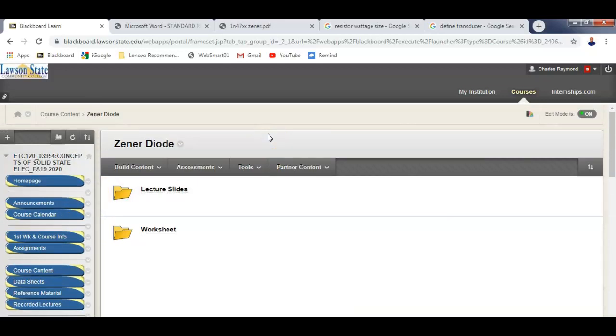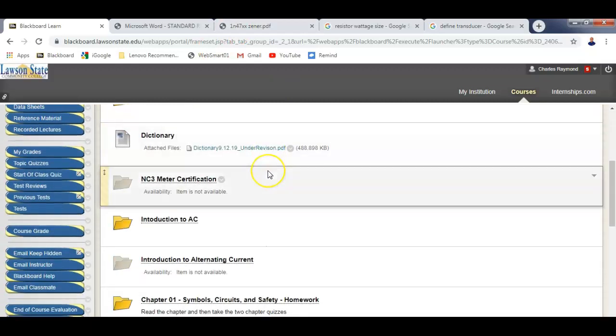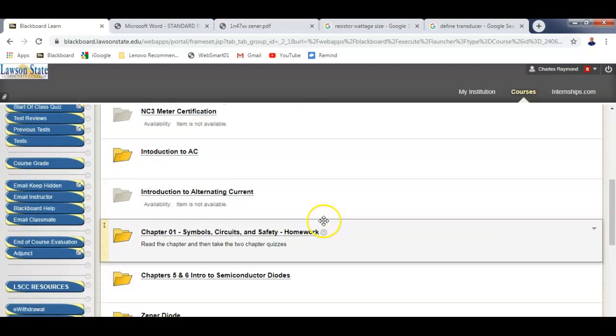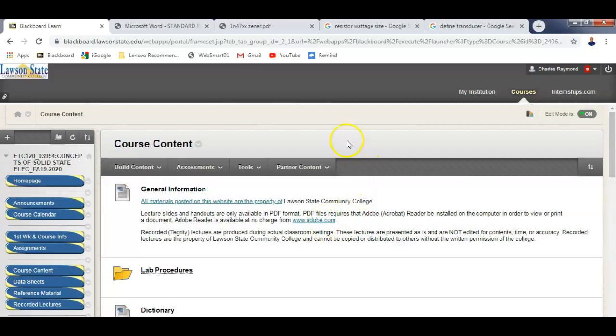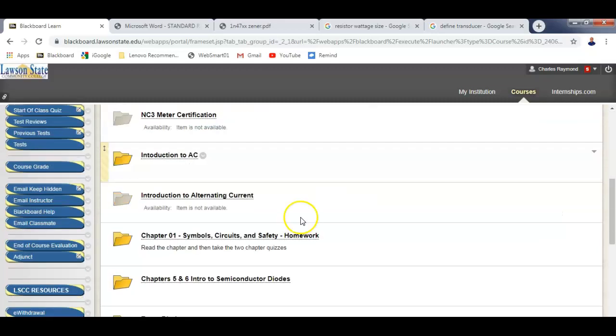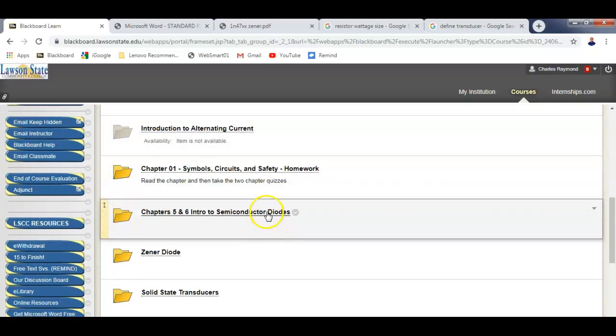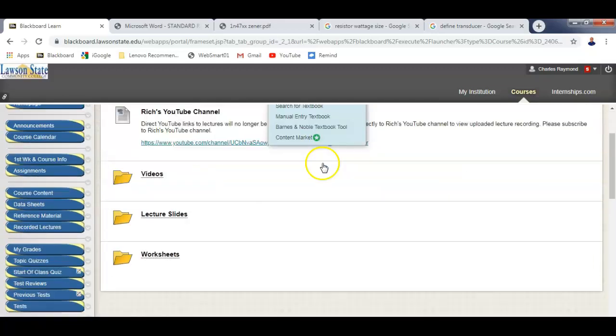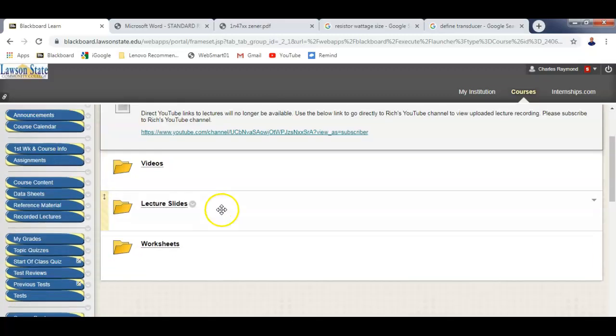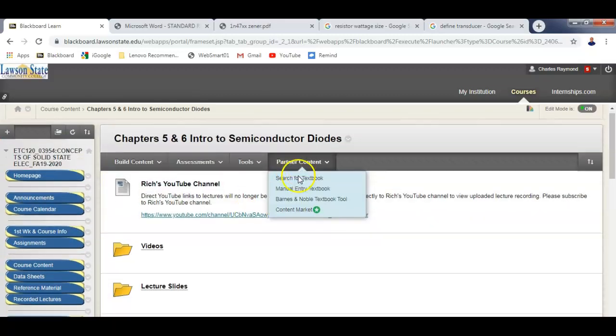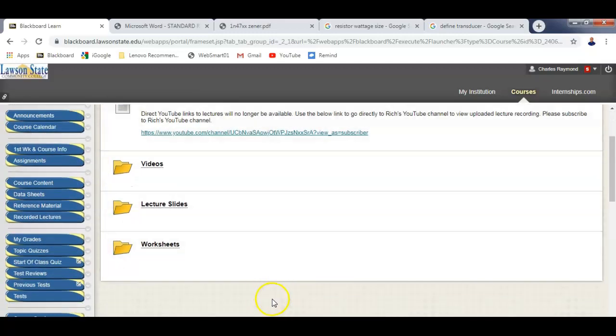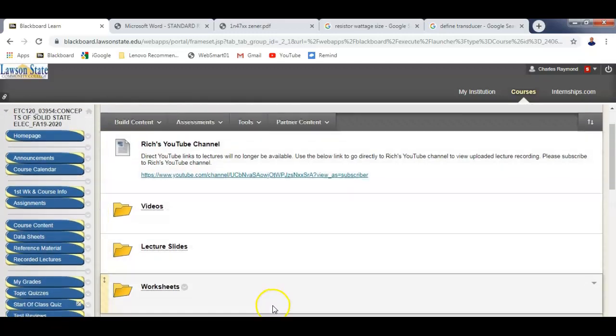There should be one in there. I thought there was one. What's nice about topic quizzes is that they give you a pretty good idea of what's going to be on the test. So I need to go back and add topic quizzes here. Here we have no topic quizzes in the introductory section either. Yeah, I need to go back and add that to this course. I really do.